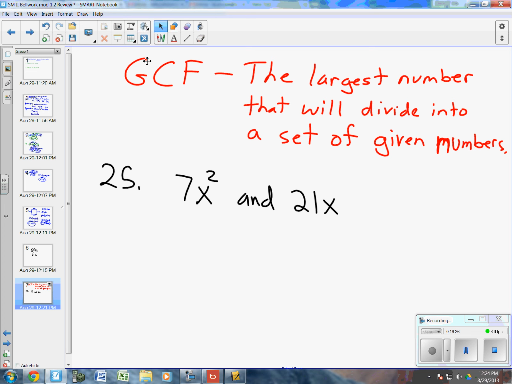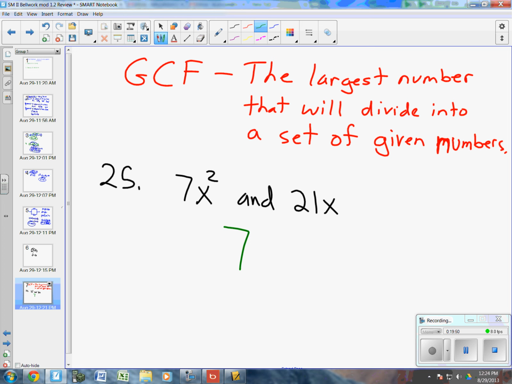What I always like to do is pick the smaller of the two numbers, because my number is never going to be bigger than the smallest number. I check to see if it goes into the bigger number. If it does, that's my greatest common factor of the real numbers, like this one. If it does not, then I can go down from there until I get to it.